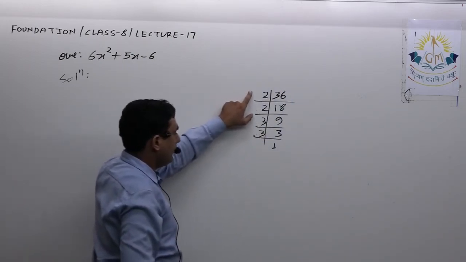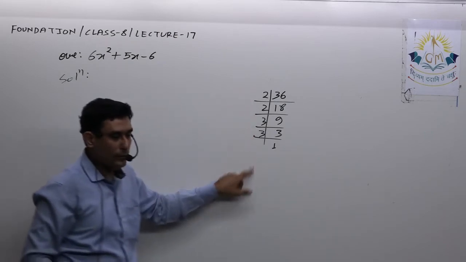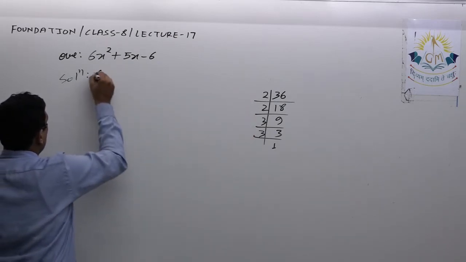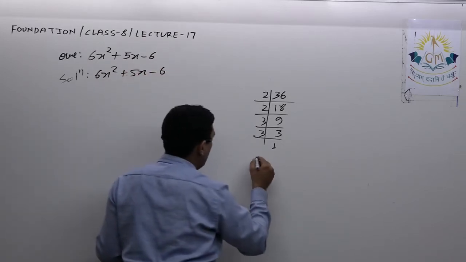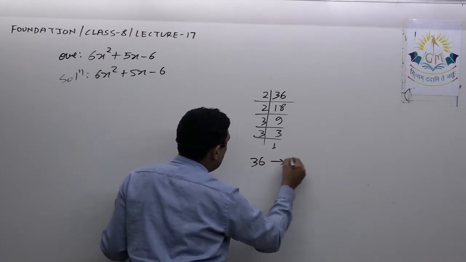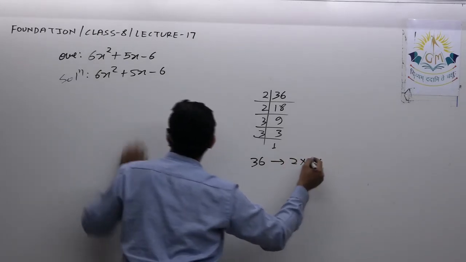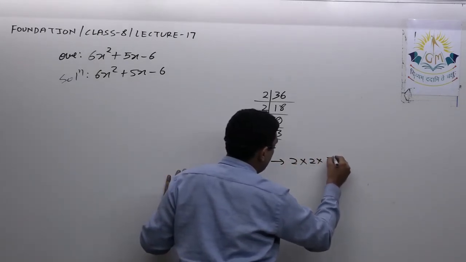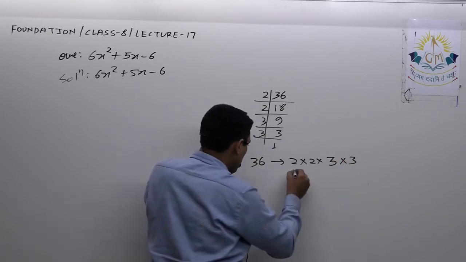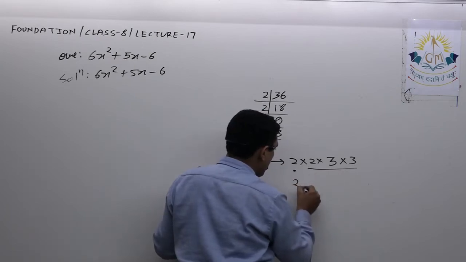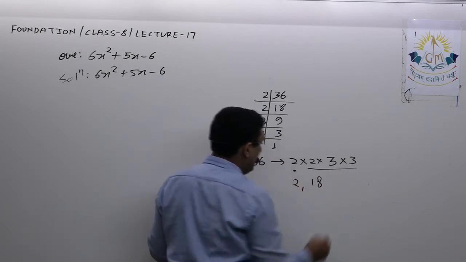Here the factors are 2 into 2 into 3 into 3. So now I have to check in what manner I take these factors so that the sum becomes 5. Okay, so if I take this 2 and these 3 together, this will become 2 and 18.